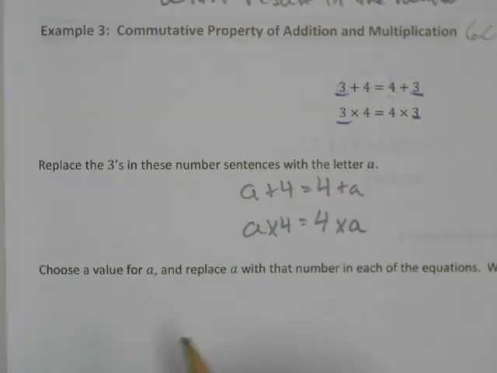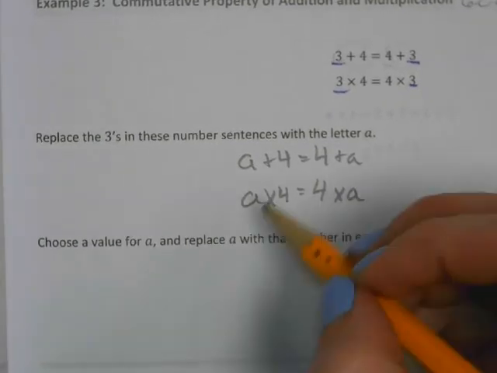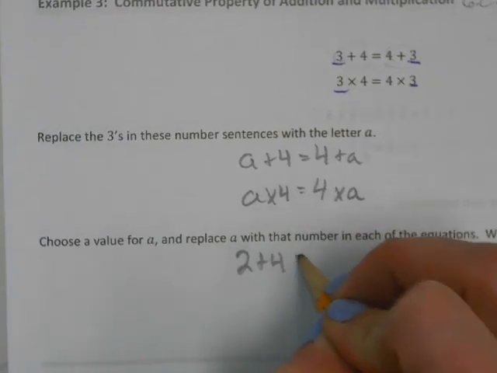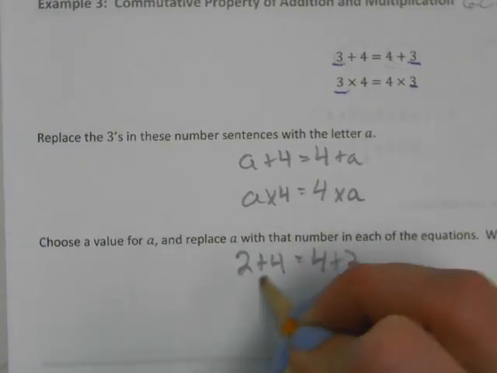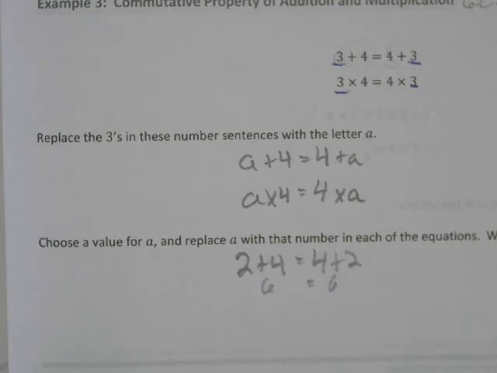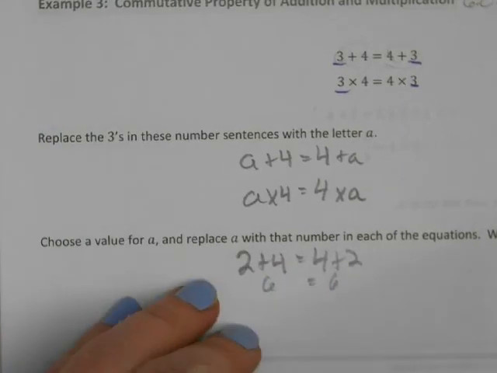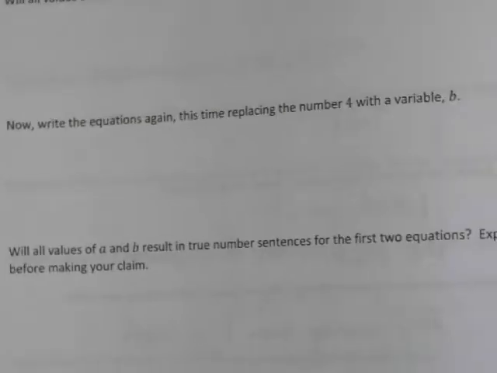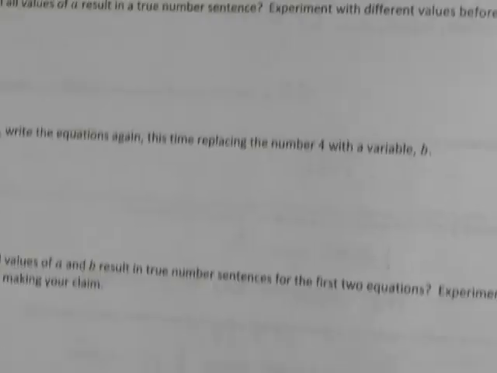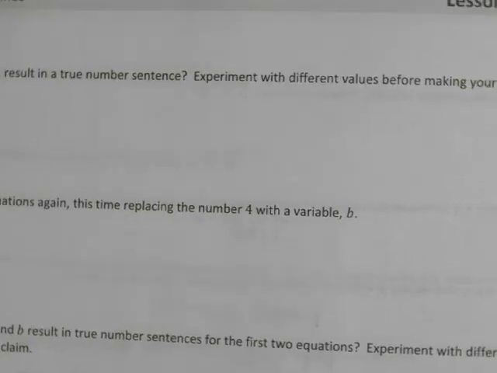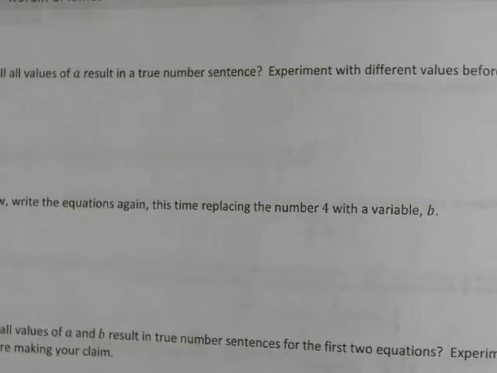And then it says choose a value for A and replace A with that number. So let's pick a different number. They use 3. Let's use 2. So this is 2 plus 4 is equal to 4 plus 2. Well, this is 6 and this is 6, so that's true. All right, up here, it says, will all values for A be true?